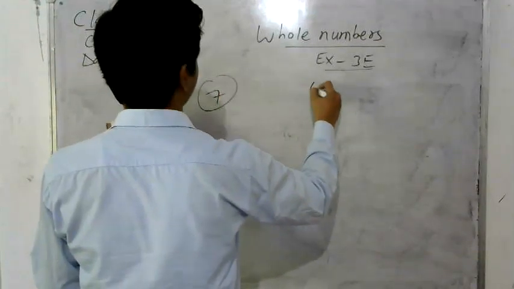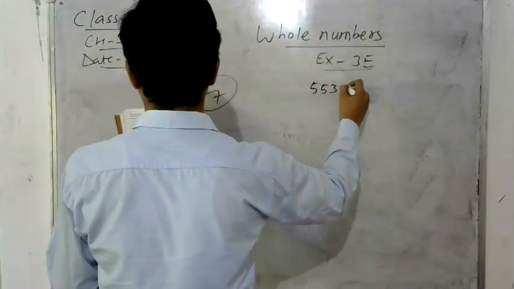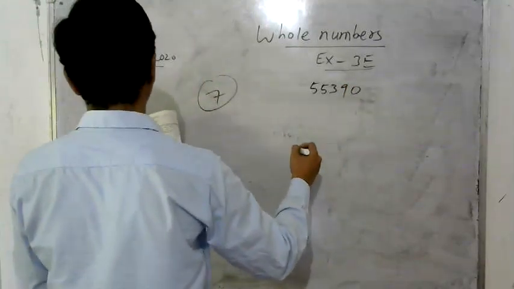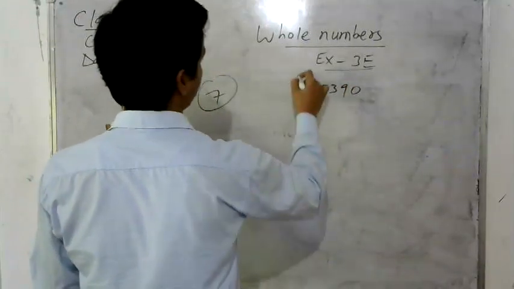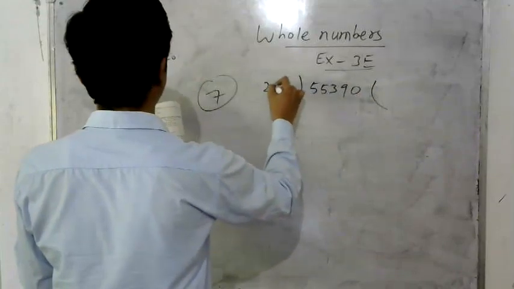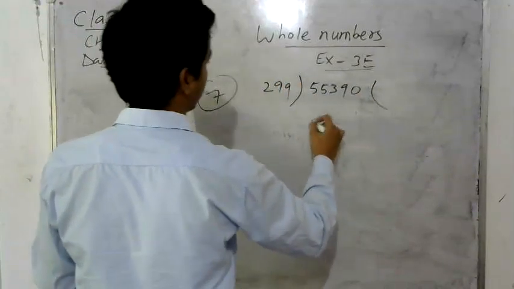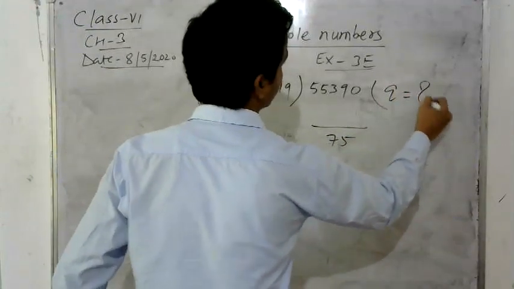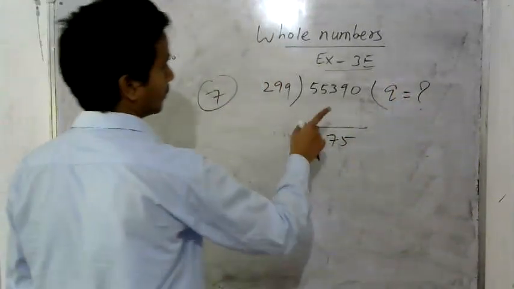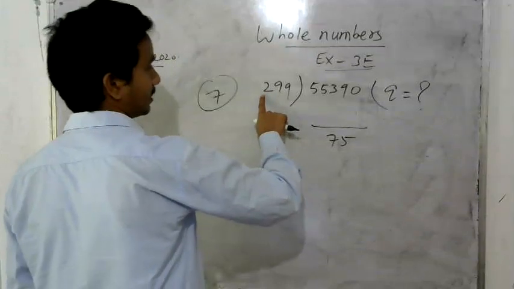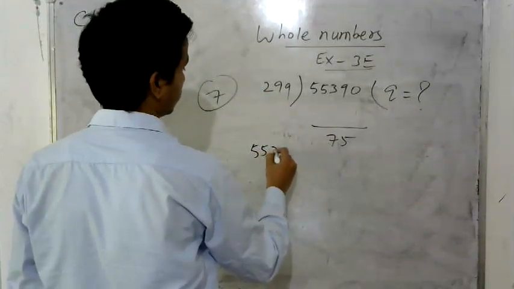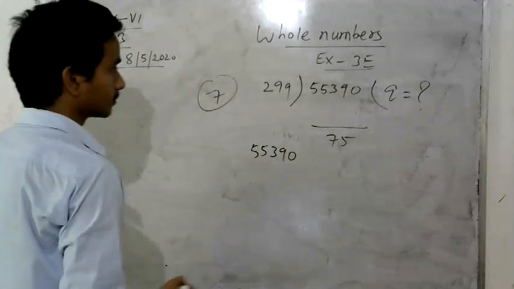On dividing a number, 55390, this is the dividend, with 299, the remainder you are getting is 75. We have to find the quotient. How will we find it? We know that divisor into quotient plus remainder equals the dividend.